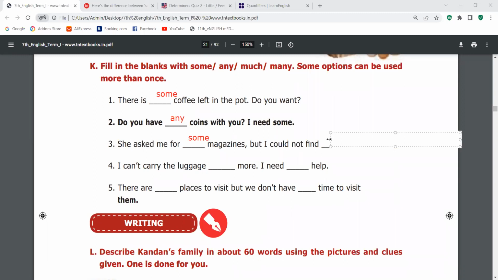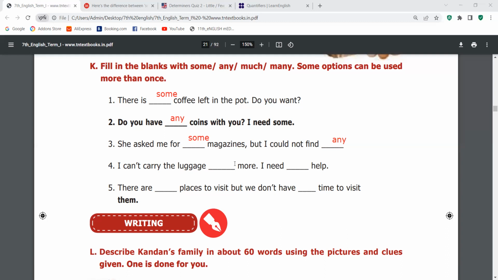Anyone trying to tell the answer? If at all you know, you can tell it out in the chat box. She asked me for some magazines but I could not find any.